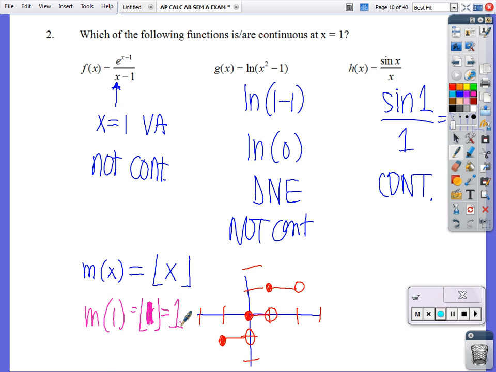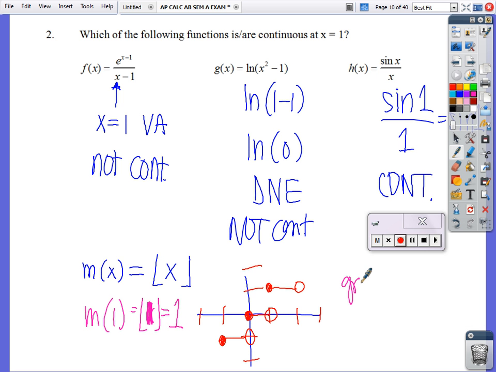So this function is the greatest integer less than or equal to the value that you put into the bracket. So because 1 is an integer, the value becomes itself, but the function is not continuous at x equal to 1.